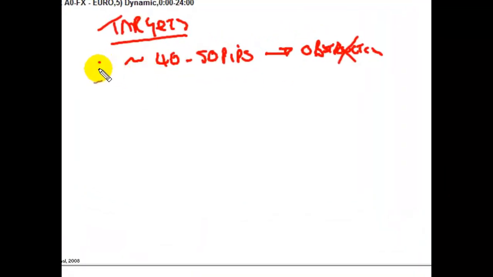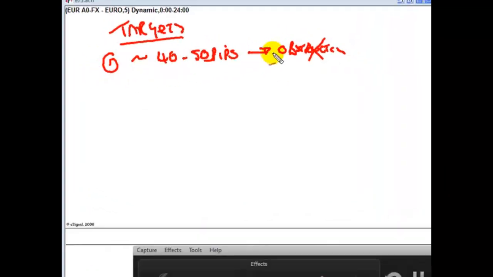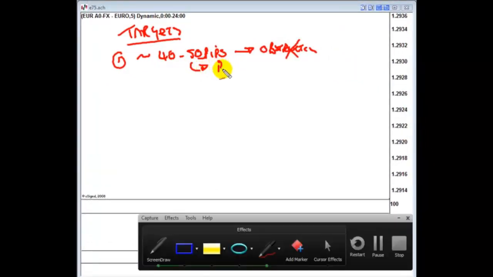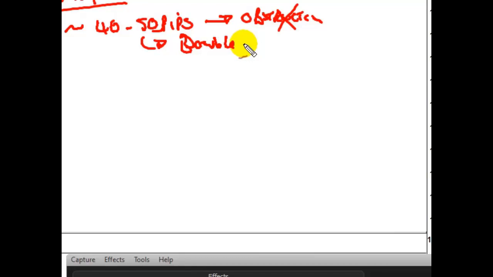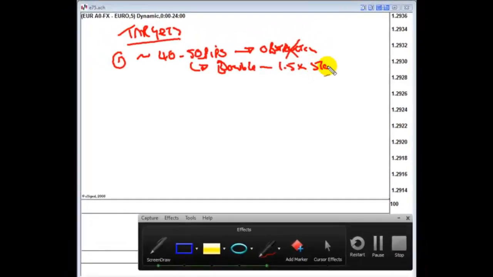Secondly, so that's number one. That's what I aim for. And as a rule, that's basically double to 1.5 times the stop loss. And if you have your target at somewhere around double the stop loss, you only have to win 33% of your trades to break even if you achieve double your stop loss every time.